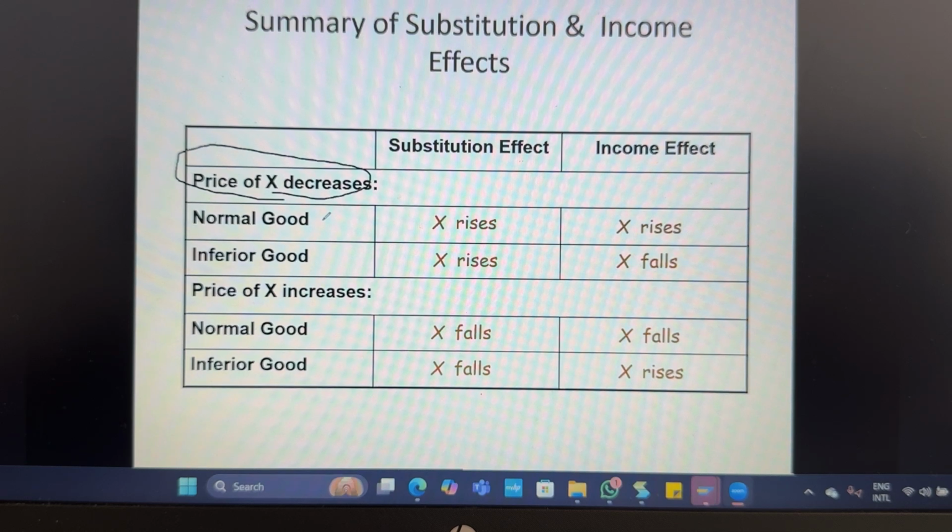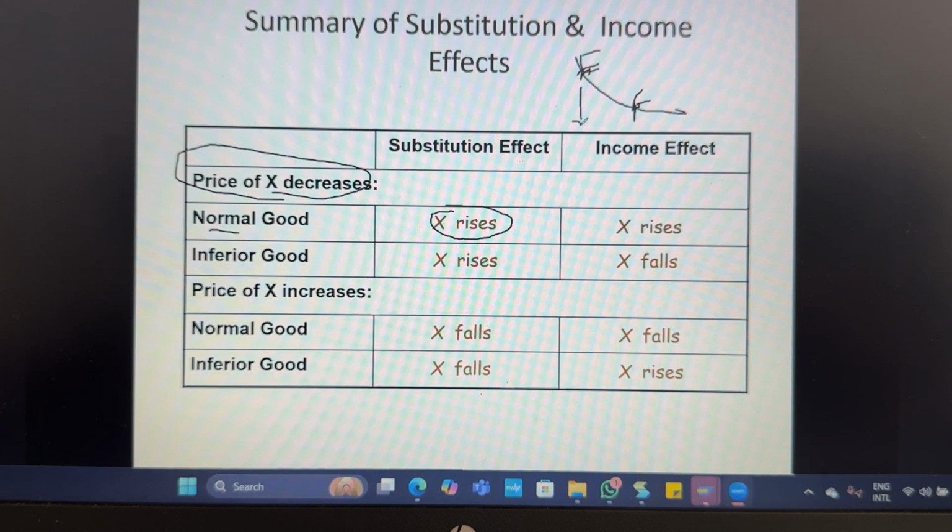If the price of X decreases and it is a normal commodity, what about the substitution effect? Because of the substitution effect, what will happen to the demand for X? You remember E to G in the previous graph, the budget line and the indifference curve.